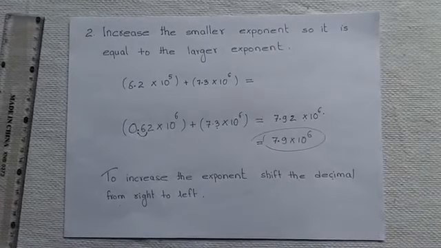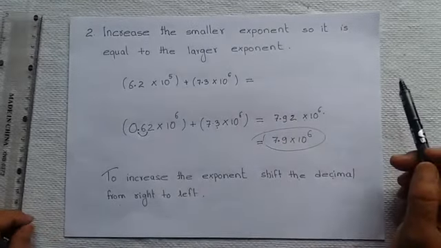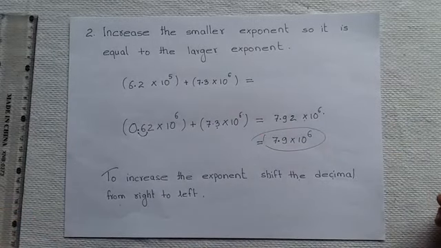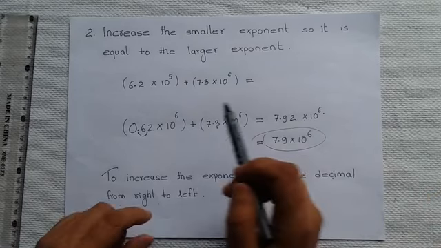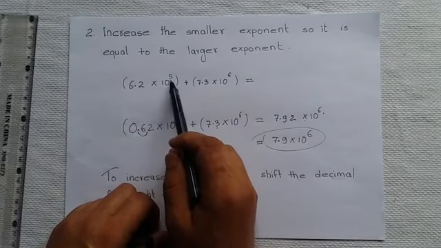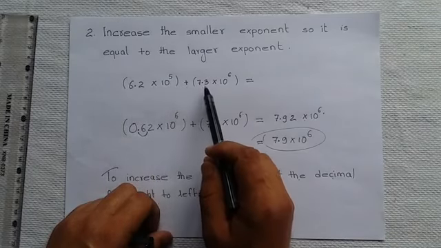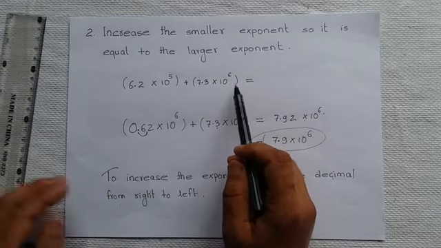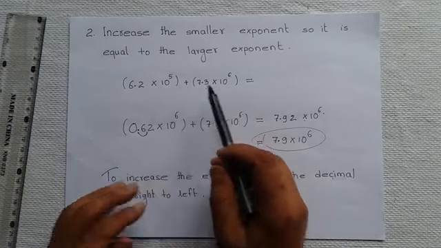Rule number 2. Increase the smaller exponent so it is equal to the larger exponent. That means when we are asked to add two scientific notations, just like this one, 6.2 times 10 to the power 5 added to 7.3 times 10 to the power 6. So we know this cannot be added because the bases are the same but the exponents are different.